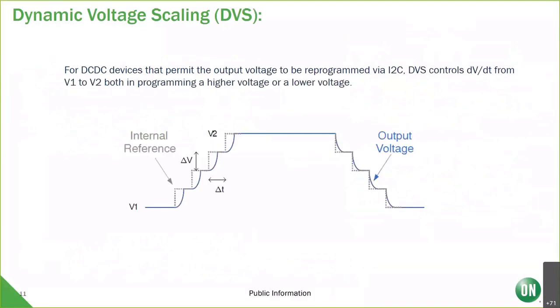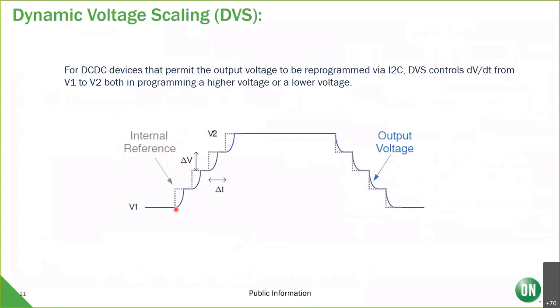Another thing I want to define is dynamic voltage scaling. Many of our devices do this. Let's say you've got a buck or a boost, and you program it to go from one voltage to another, V1 to V2. You may not want to step immediately to that second voltage. That may cause a lot of ringing or oscillations. Essentially, with these products, you've got L's and R's and C's, so you've got tank circuits there, and you could have oscillations and ringing.